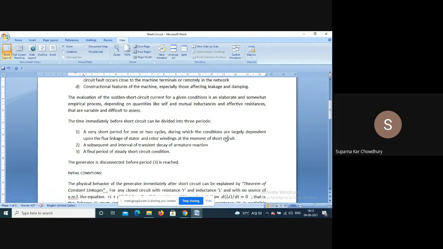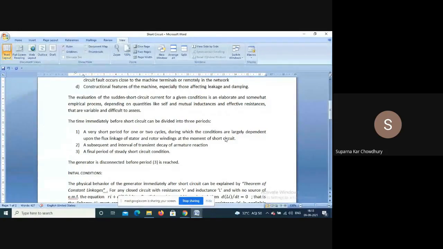So the first two cycles will be affected by that, so the current in the damper winding, or in the solid rotor in the case of a cylindrical rotor, will try to keep the flux linkage of the machine constant as it was just before the short circuit occurs.